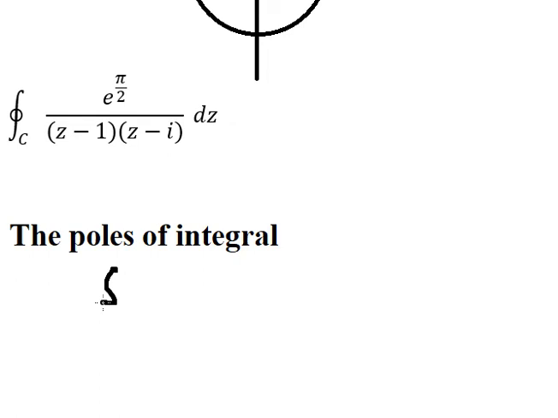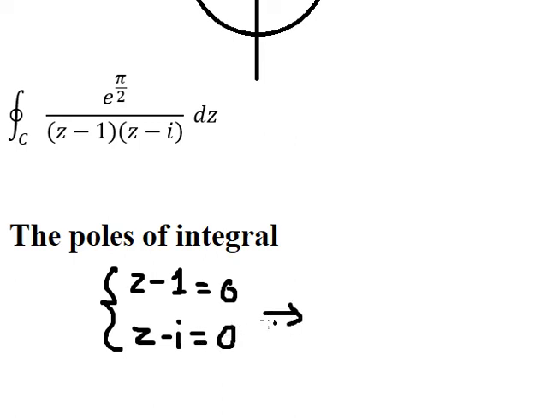So I will put z minus 1 equals 0 and z minus i equals 0. I will move this one to the right. And now we have z equals number 1 and z equals positive i.